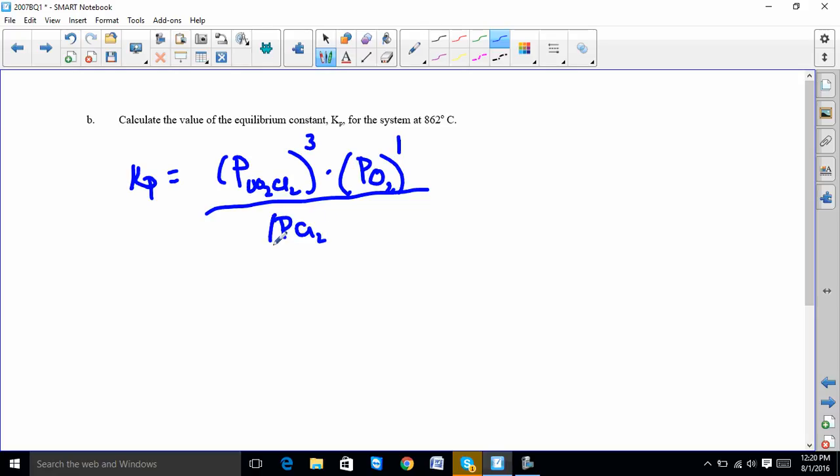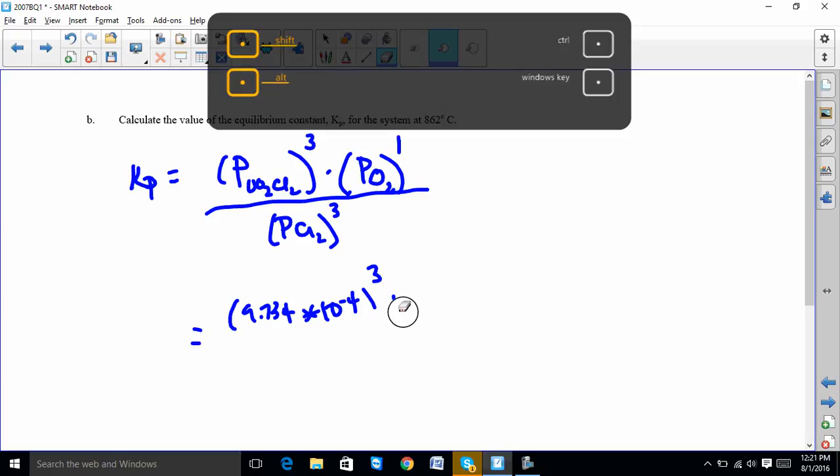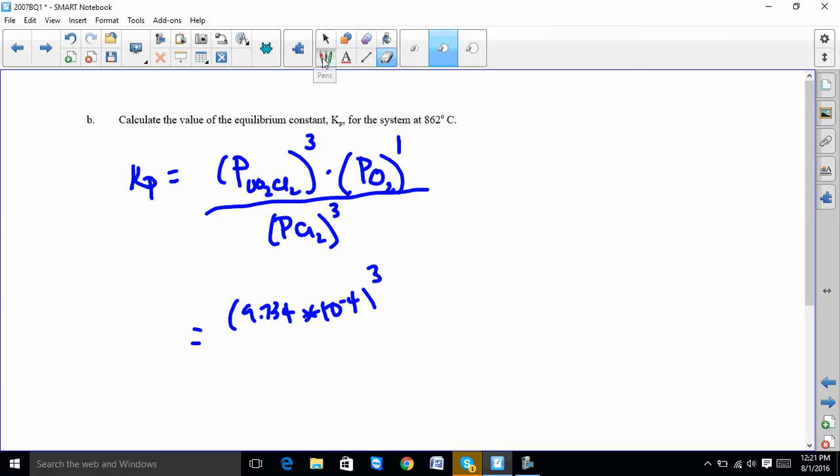Again, notice that the first reactant is not there because it's a solid. And so this is just straight plug and chug. This was given to you. It was 9.734 times 10 to the negative 4 atmosphere. Sorry, we don't use units on this. Even if it has a unit, we drop it. So let me grab the eraser.